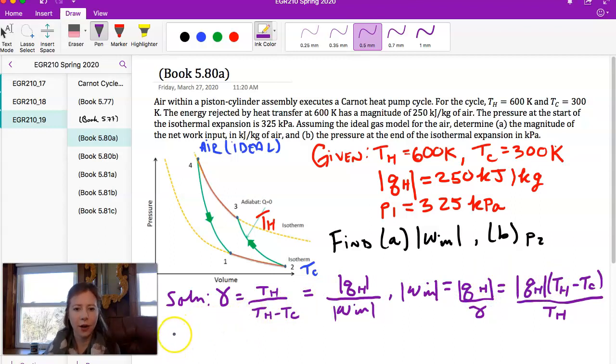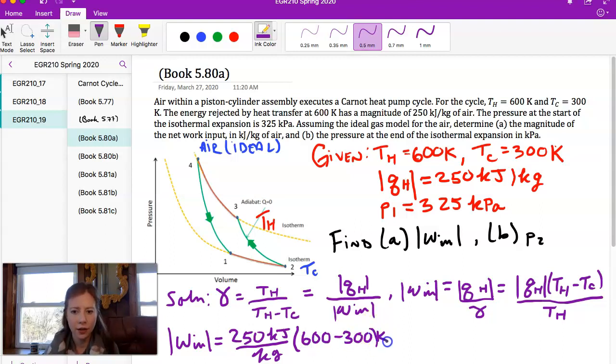So the magnitude of our work in is going to be equal to 250 kilojoules per kilogram, so that's our QH, times TH minus TC, so that's going to be 600 minus 300 Kelvin, and then we're going to divide by TH, which is 600 Kelvin. Okay, so the Kelvins are going to cancel and we're going to end up with kilojoules per kilogram, which is what we're looking for. And we get 125 kilojoules per kilogram.